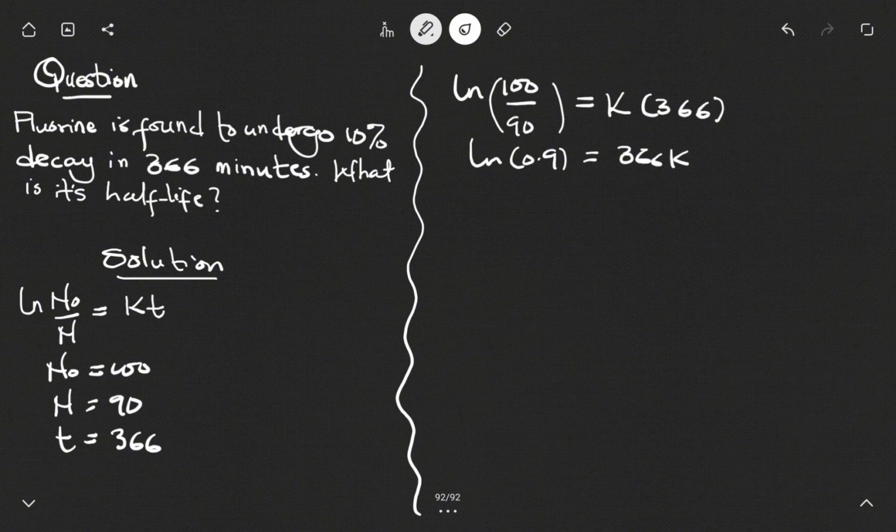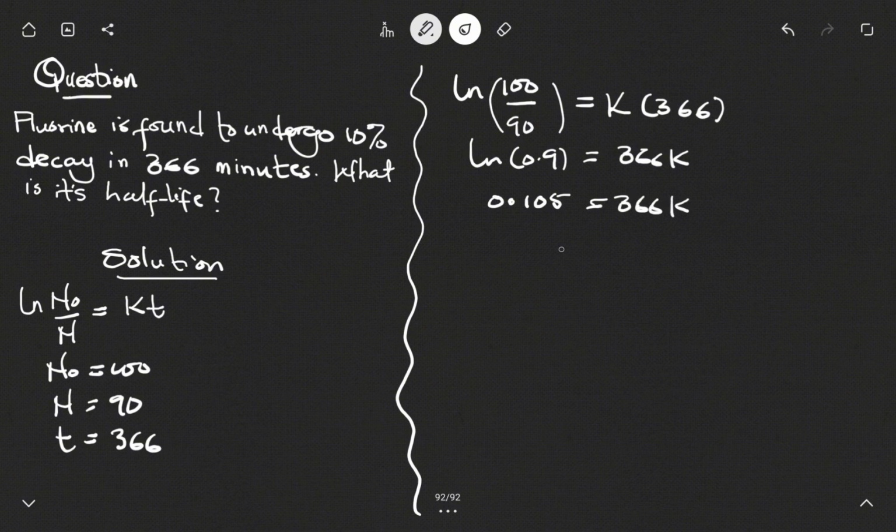Okay, and this will give us a value of, let me punch that on the calculator. So ln of this will give us 0.105 equals 366k.